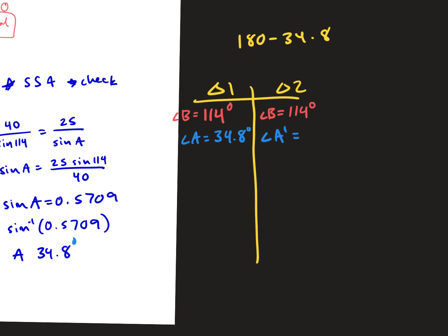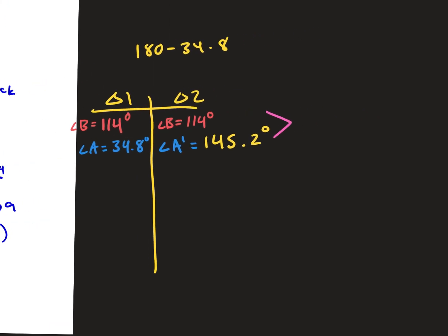So 180 minus 34.8, which is 145.2. Am I gonna have a second triangle here? No, because what do these two add up to? 259.2. So it's more than 180, so there's no second triangle. So I only have one triangle.